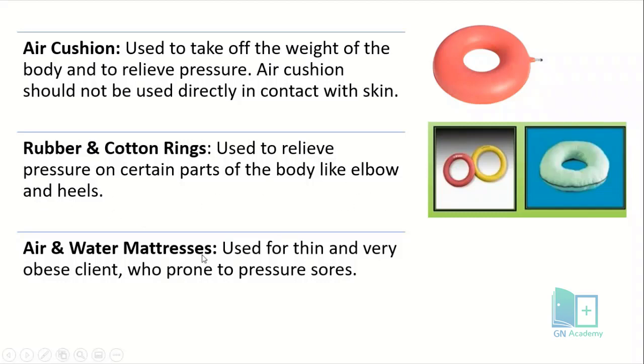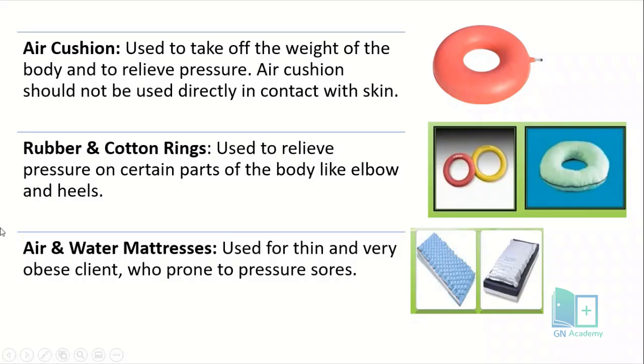Then remember the next comfort device, called the air and water mattress. We should use this air and water mattress for thin or very obese patients, to prevent close contact of the surface area.